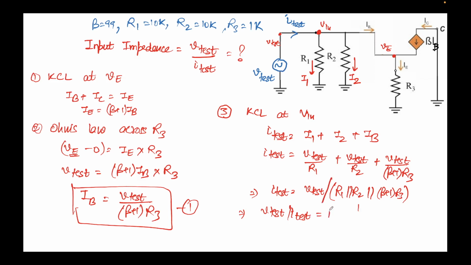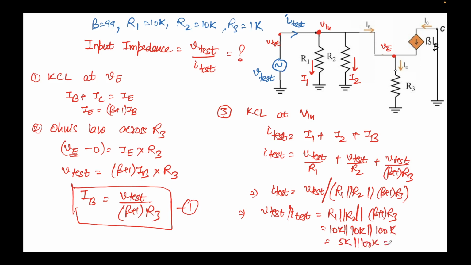So V test over I test I'll get is R1 parallel R2 parallel beta plus 1 times R3. So this is 10k parallel 10k parallel, and beta is 99, so that will be 100 times R3, that will be 100k. 10k parallel 10k is 5k, so 5k parallel 100k.